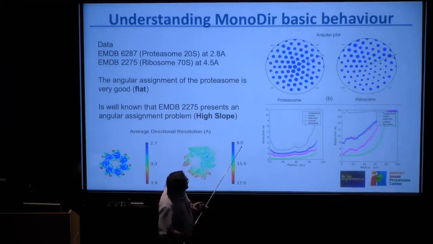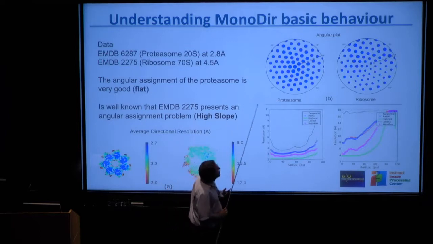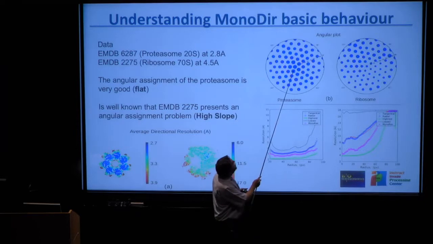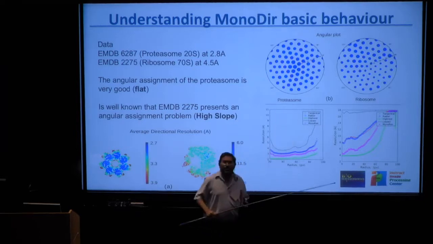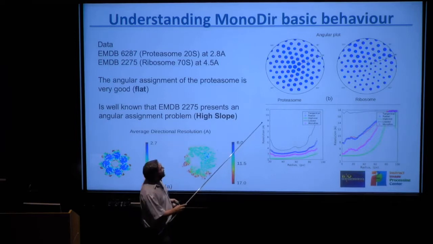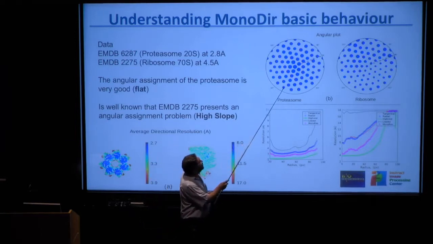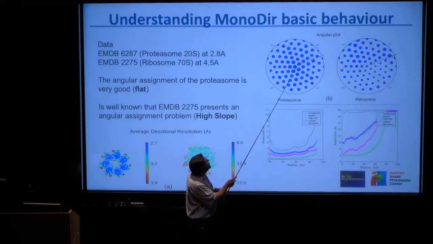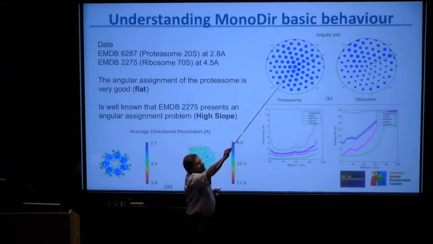Okay, we did something more with this angular, or directional, resolution. This plot, you are certainly very used to them in Cryo-EM. Normally, they refer to the number of particles on the sphere of projection directions, where you present the number of images coming from each projection direction.